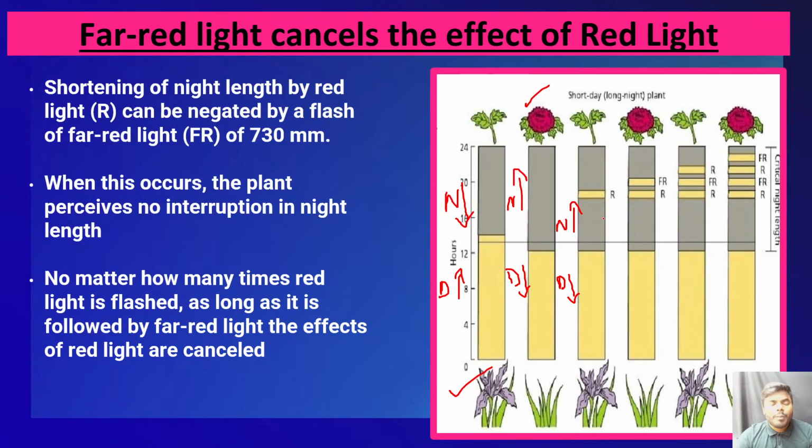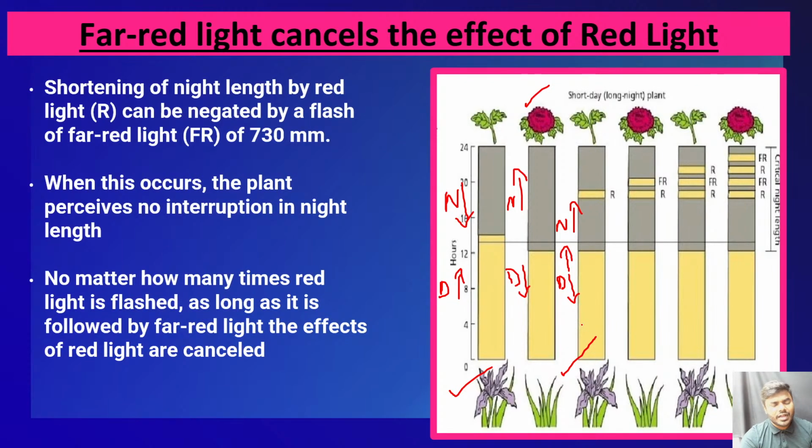Because I have punctured the night length with the red light, because we discussed very clearly, red light is most effective in the night break. That is the reason what is happening friends, night length getting decreased, day length starts getting increased. Since the day length is increasing friends, undoubtedly long day plants are only going to flower.